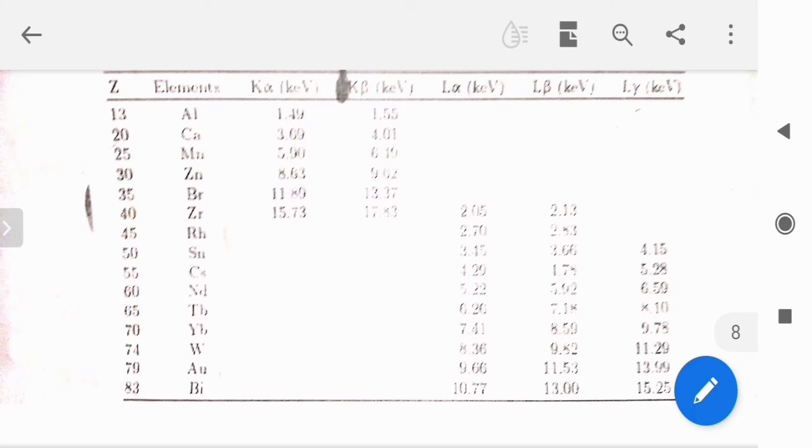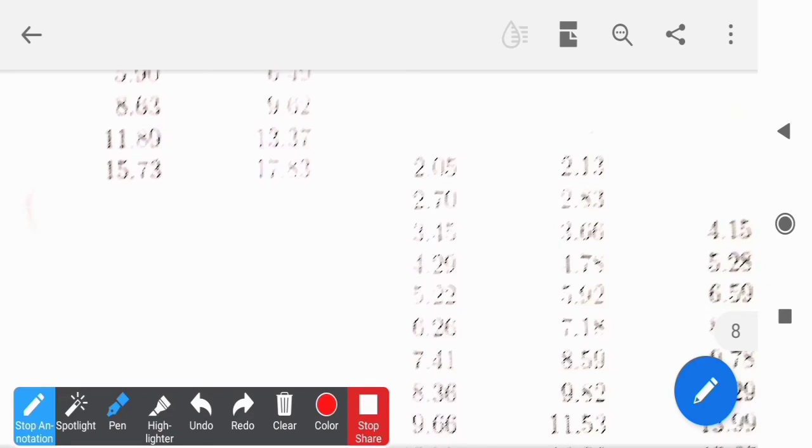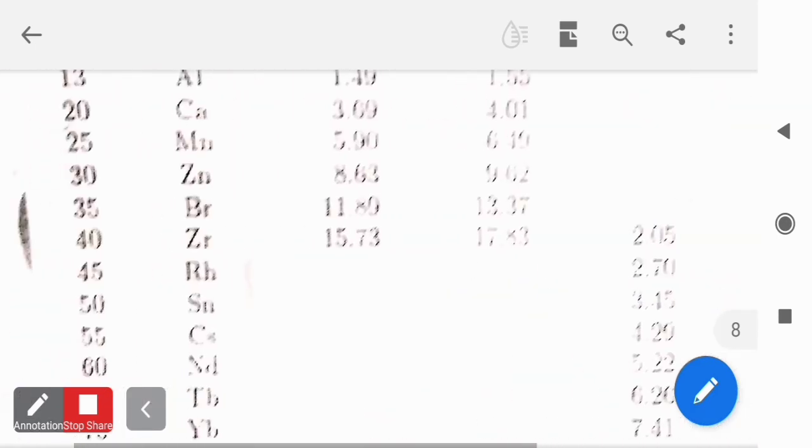So if heavier elements are there, then there might be confusion between their inner shells. Okay, so here in the chart you can see that we have some relatively low voltage, and this is specifically for the L alpha line of the heavier elements.